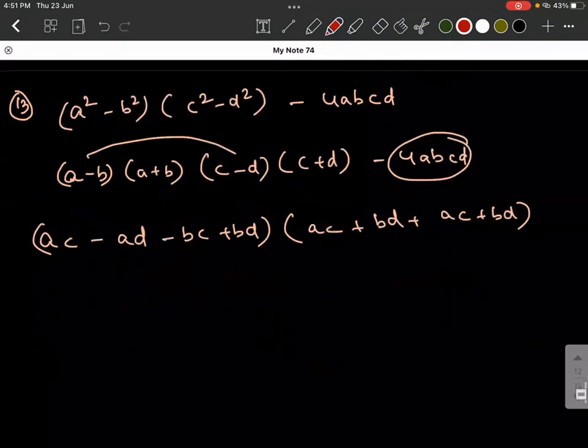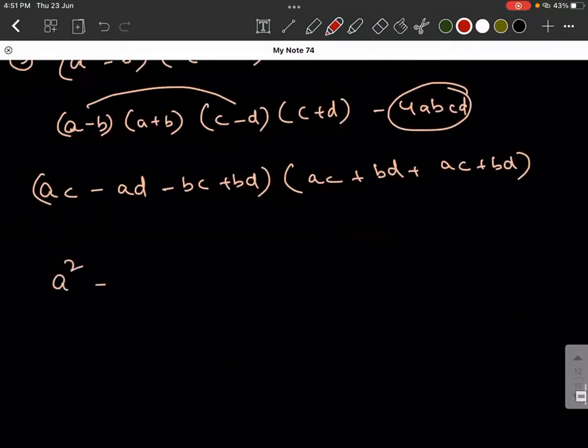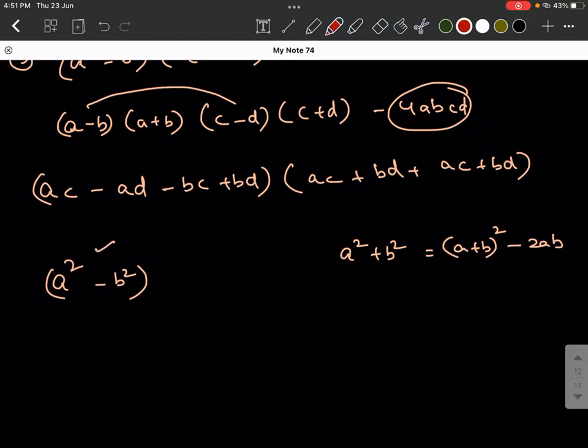Or we can try like this and see. A square minus, it will not work. If you had A square plus B square, you could have written it as A plus B the whole square minus 2AB. But here, unfortunately, you have minus B square. To my knowledge, you cannot write it.